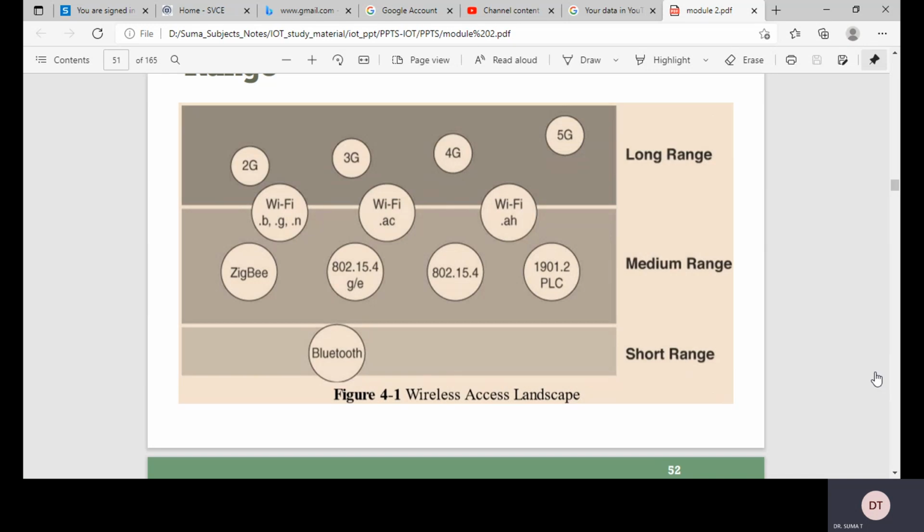The simplest approach to answering this type of question is to categorize the technologies into ranges, that is, long range, short range and medium range. In the above figure, you can see short range has Bluetooth devices, medium range has 802.15.4 Zigbee, and long range has Wi-Fi and 2G, 3G, 4G and 5G.